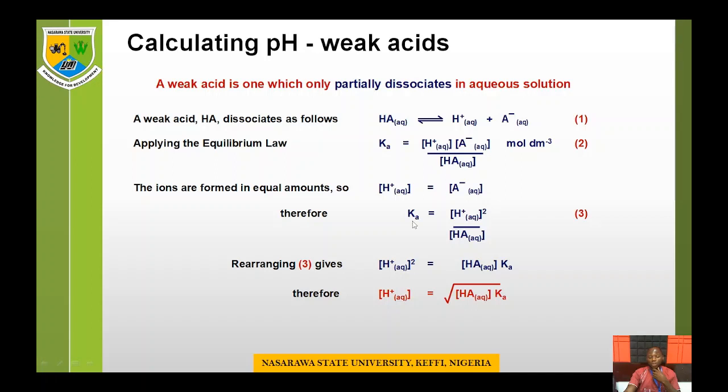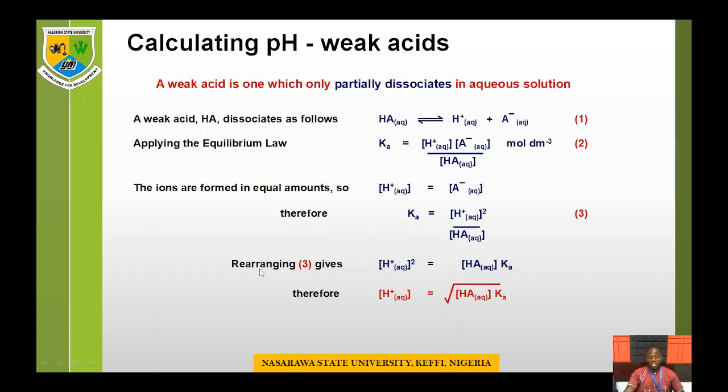Therefore, the equilibrium constant of the acid will be equal to the hydrogen ion concentration squared divided by HA. HA stands for the acid before dissociation. This is after dissociation, and this is before dissociation. So we are dividing it by the acid before dissociation.